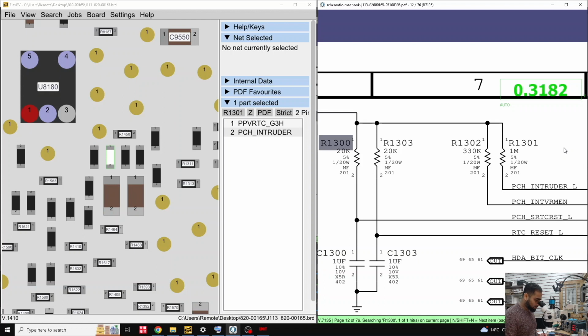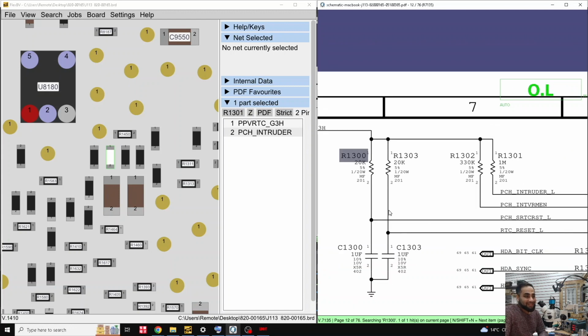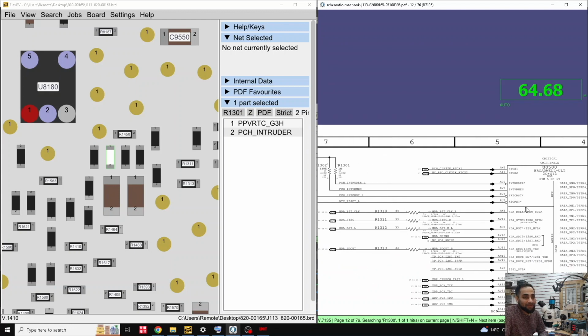Okay, so they look good so far, but this one, if you look here, is 3.3, and at this point is 0.044. So something is not right here. Let's check what it is. Is it the resistor, or is there a shortage? If there is a shortage, then this shortage is going into the CPU.